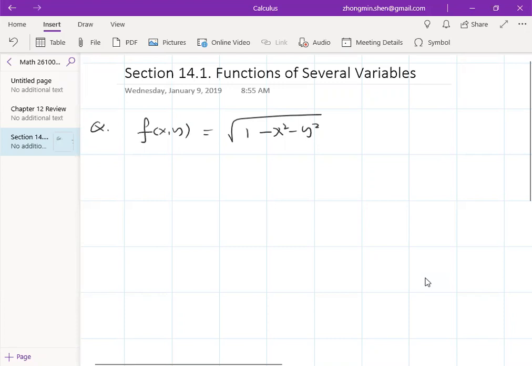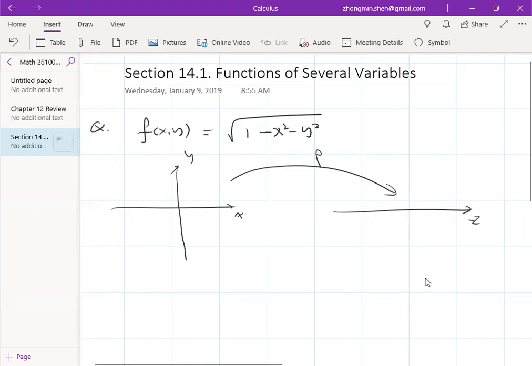Now, what does it mean? What's the definition of a function? A function here, if I draw, is a map from some domain in the xy plane to another coordinate line we call z. So this is a map, f.